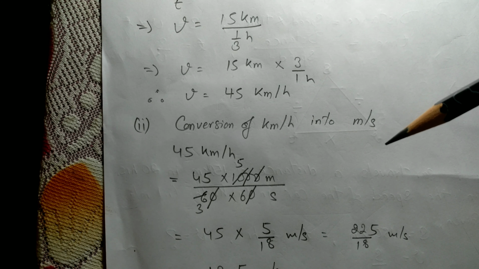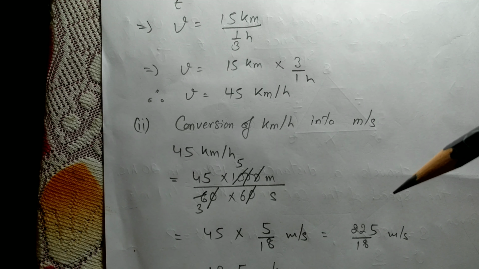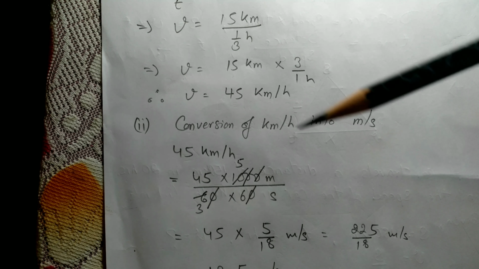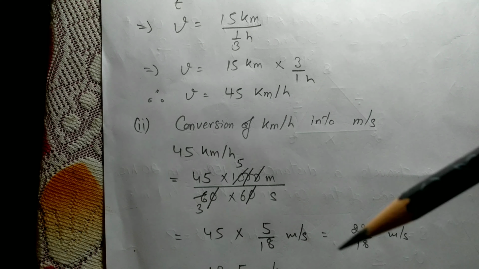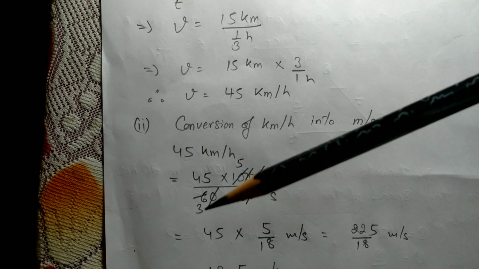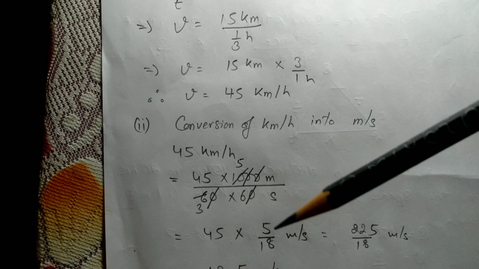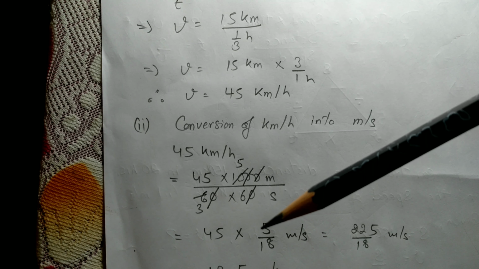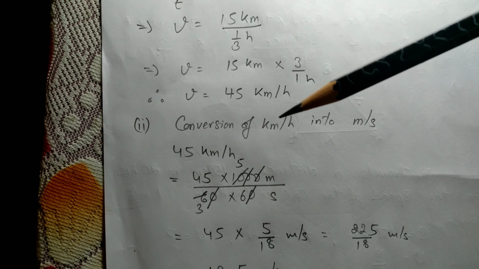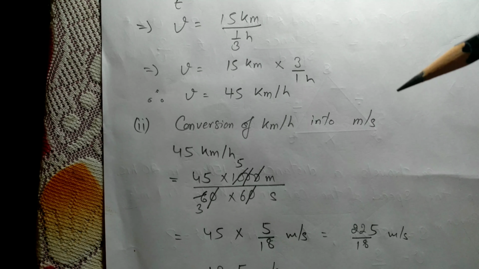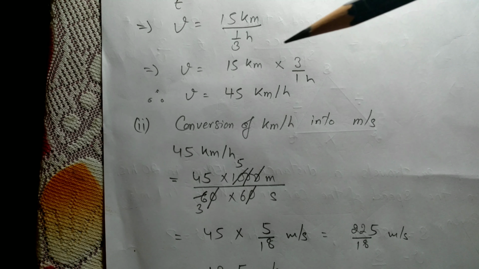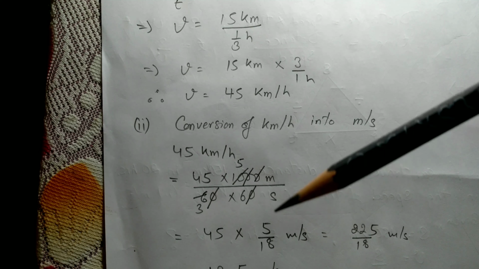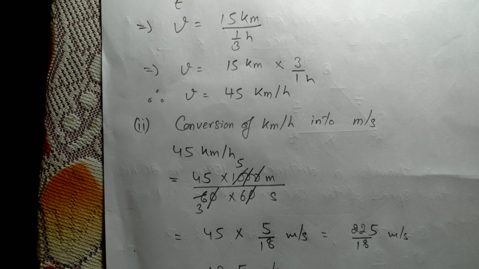So now after this question, suppose we come across any question like conversion of the units, we can simply multiply the given number in the question by a fraction. This time the fraction happens to be 5 upon 18 because we are converting kilometer per hour into meter per second. But if you want to convert meter per second into kilometer per hour, I'll just reciprocal the fraction, which I have done in question number 3 and 4.